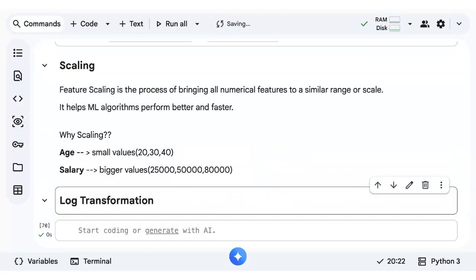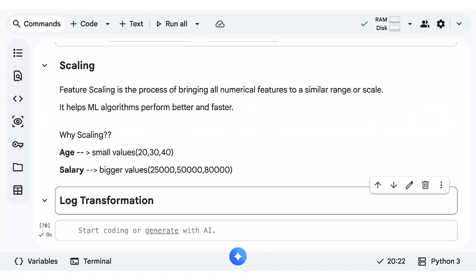So now what will happen? When you have two different numerical columns, one with a small range and one with a very large range, the algorithm will give more importance to salary because it has larger values. Getting? Yes. That's the reason we bring everything to the same scale.